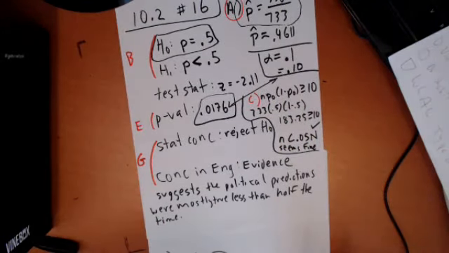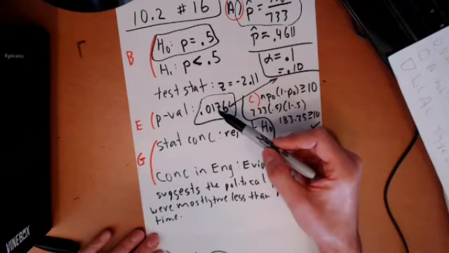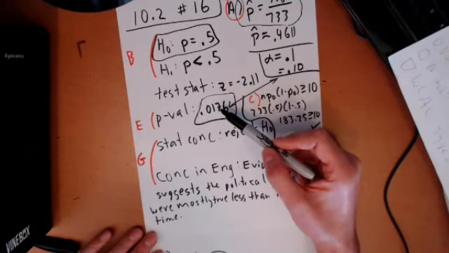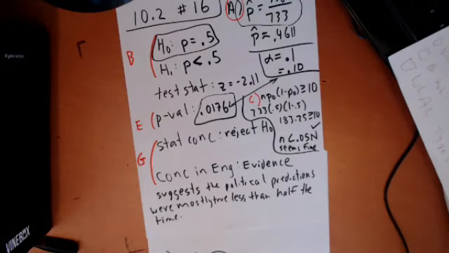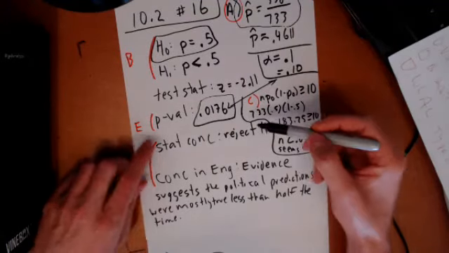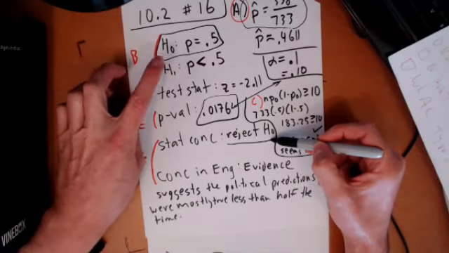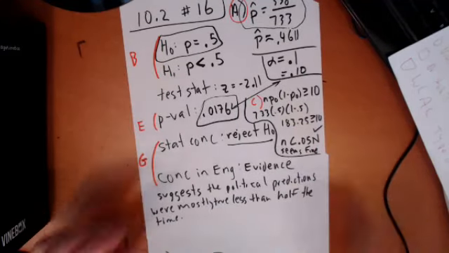Okay, so it seems that that's kind of a low probability. So it's probably not just due to chance or something probably going on. So what we would do is we would reject the H0 like we did, and then therefore we say evidence suggests this like we did here. That's how I would say it.